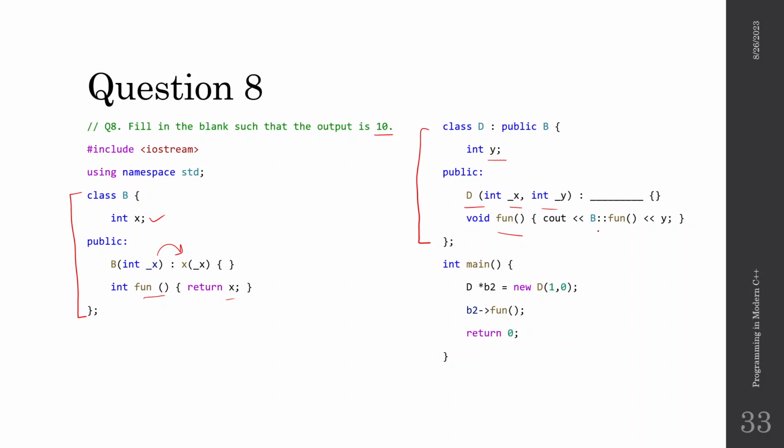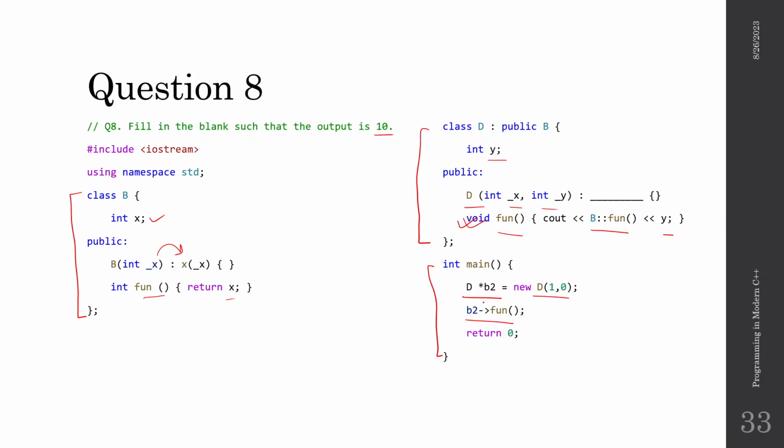This function fun calls B colon colon fun, and then it prints Y. Now coming to the main function, we create a new object of type D and assign it to a D pointer, and then we call b2 arrow fun.